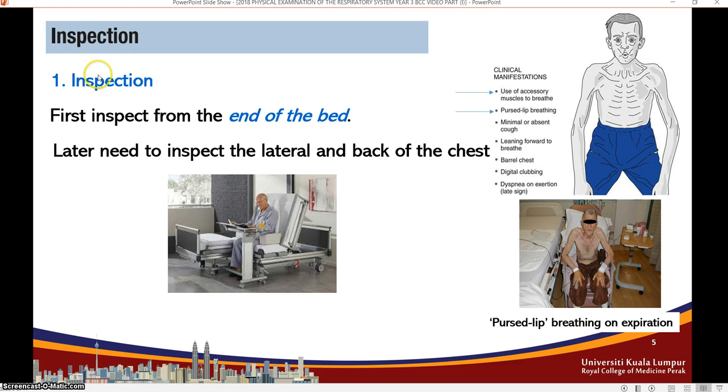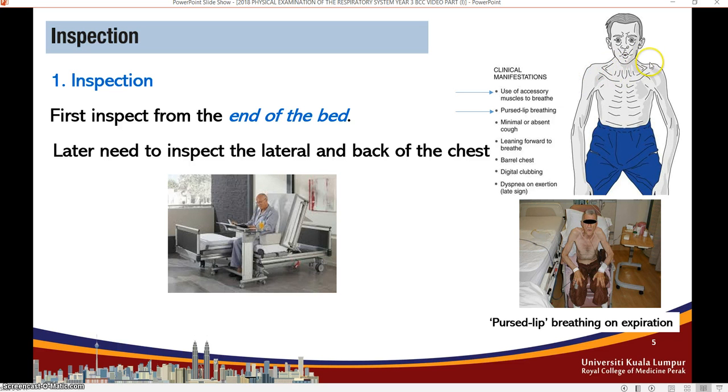1. Inspection. First, inspect from the end of the bed. Later, if necessary, inspect the lateral and back of the chest. Note whether the patient is in respiratory distress.